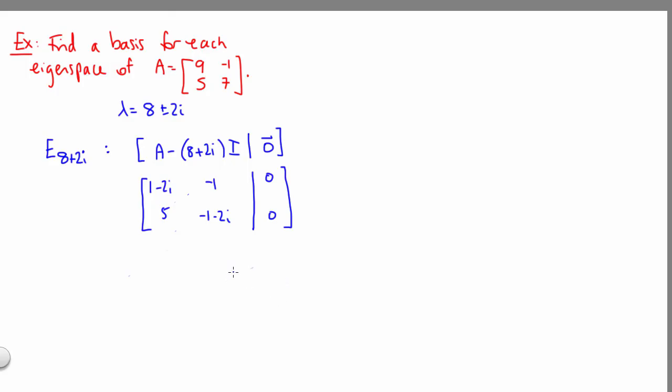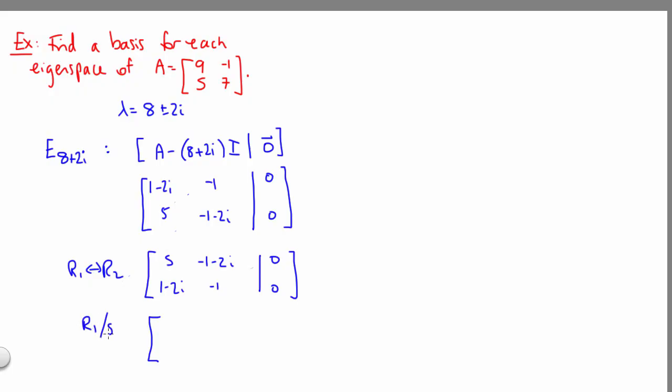Now we'd like to get this matrix into our REF. Probably best to swap rows here. We'll swap row 1 and row 2. And that way we can divide the top row by 5 and create a 1 in the upper left-hand corner.